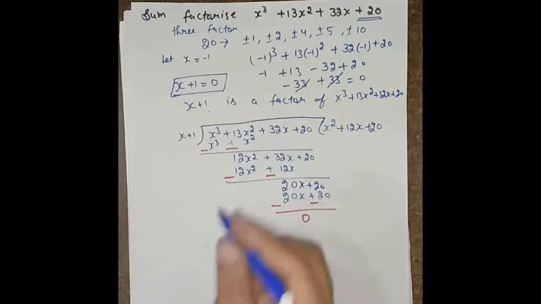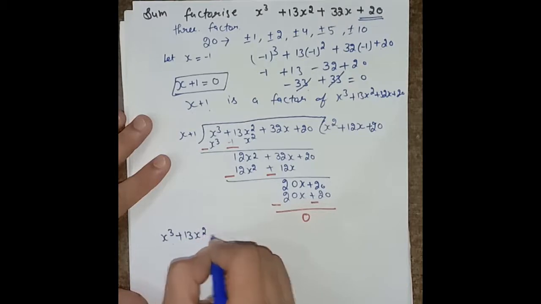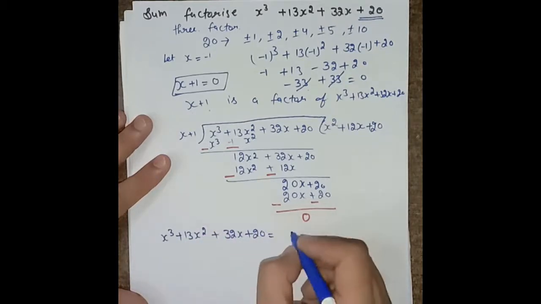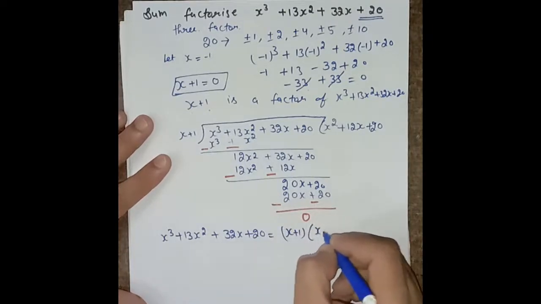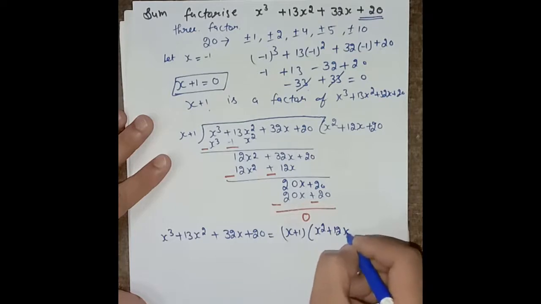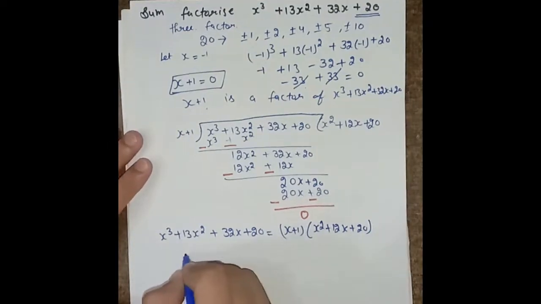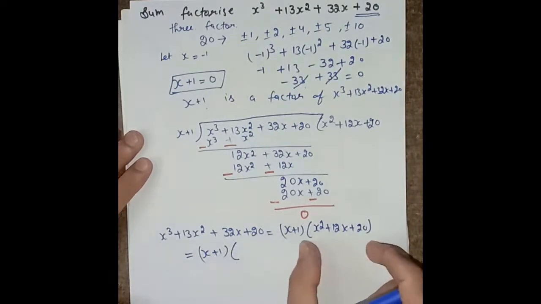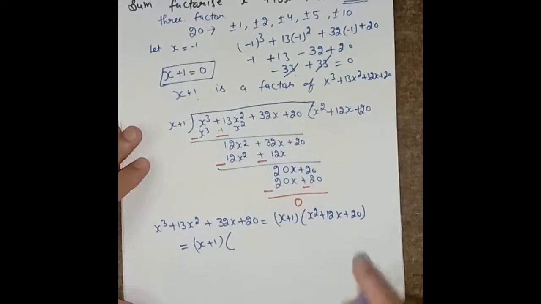So we can write x cube plus 13x square plus 32x plus 20 as divisor into quotient plus remainder. Remainder is 0, so no need. Now x plus 1 into, here we use the factorization method.